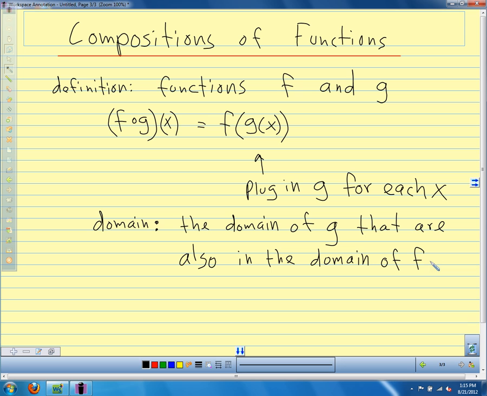Basically what that's telling us is we have to leave out anything that's not in the domain of g, and then we also have to look at the composition to figure out the domain of the composition.